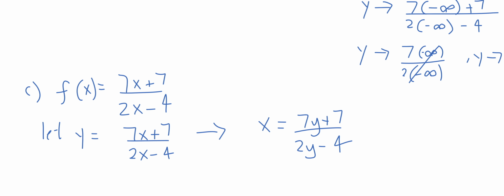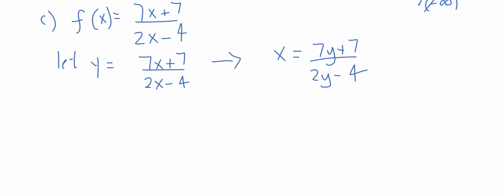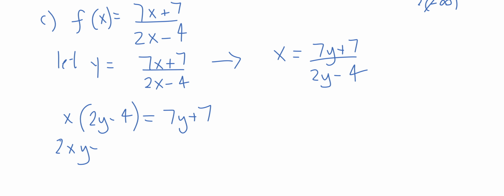The next stage is you make y the subject. We'll multiply the left-hand side by 2y minus 4. So x bracket 2y minus 4 equals 7y plus 7. Multiply out this bracket: 2xy minus 4x equals 7y plus 7. Get all of the y's on the same side.